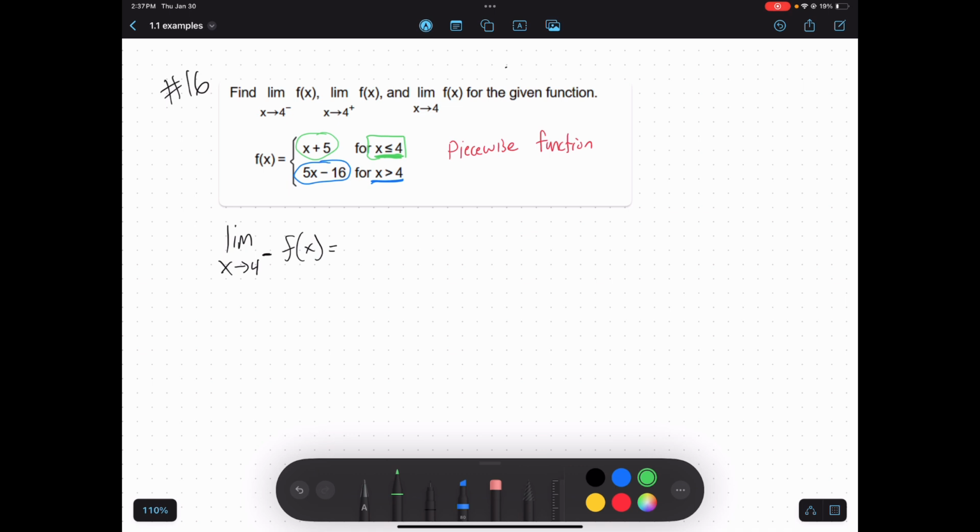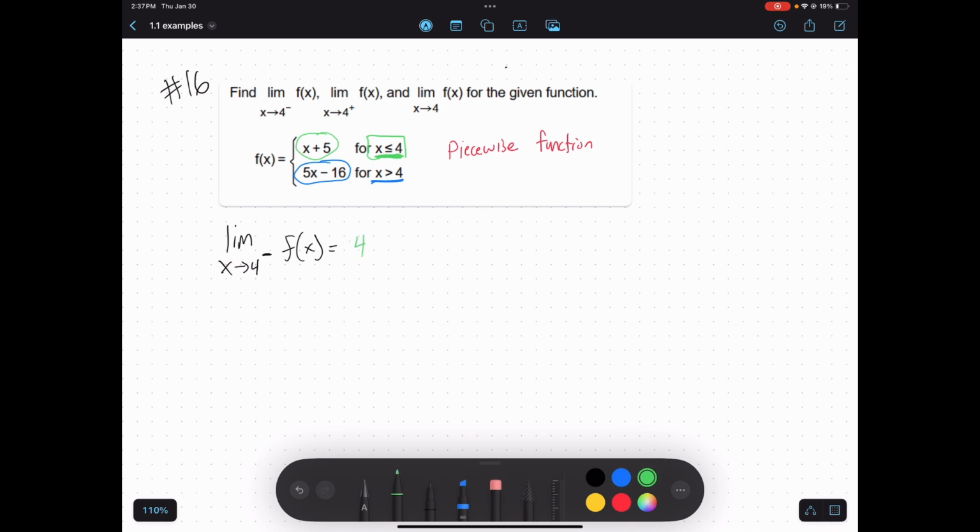So if I plugged in numbers getting increasingly closer to 4 into x plus 5, that function in itself is linear. It doesn't have a discontinuity at 4, right? So all I need to do here is just plug in 4 to this function. Sorry, I should really use green because that's the function rule that we're using. Let's keep this color-coded.